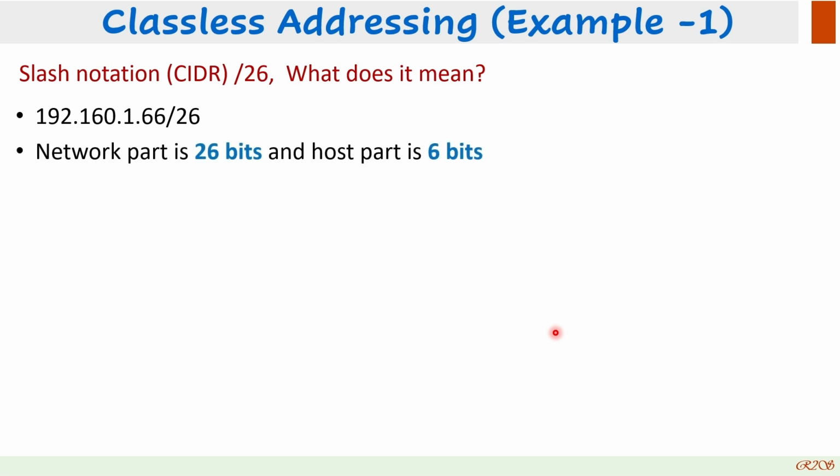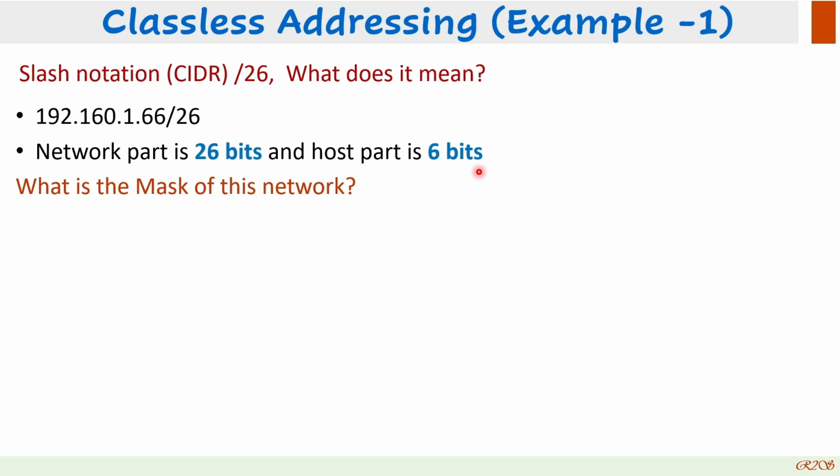Okay, now let's see another example. Here, for example, we have 192.160.1.66/26. That means 26 bits for the network part and 6 bits for the host part. So what should be the mask in this case?